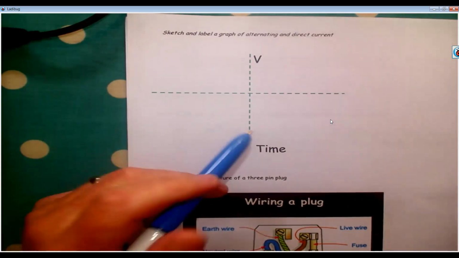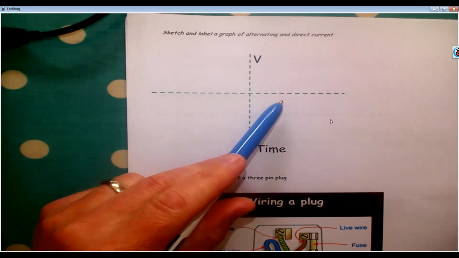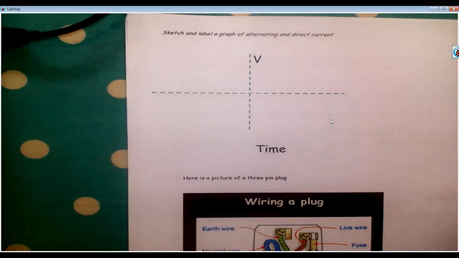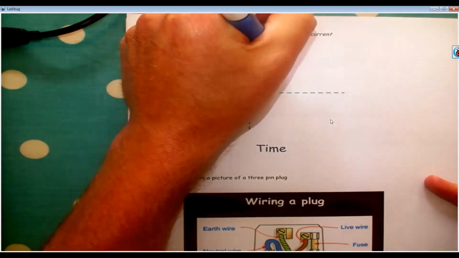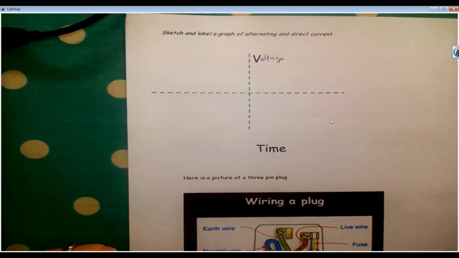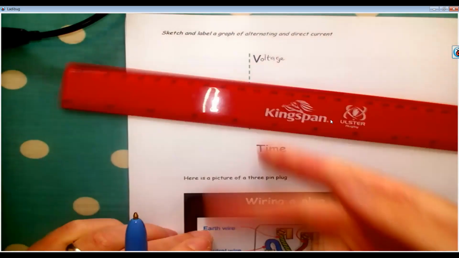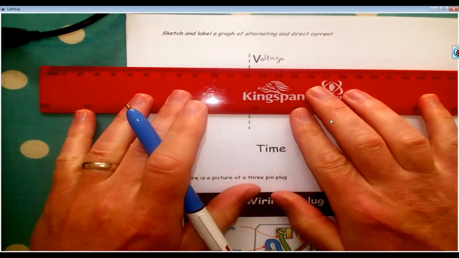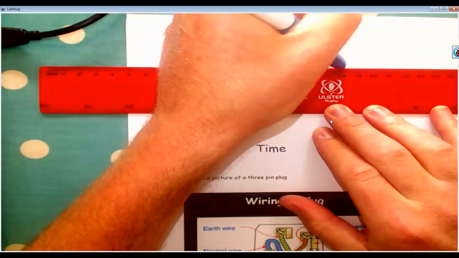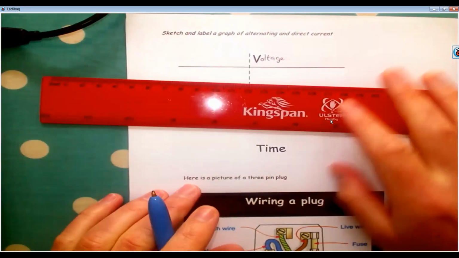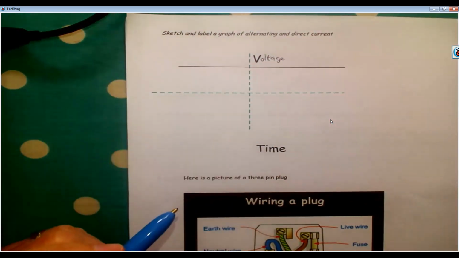So we've got time on the x-axis and voltage, I'll even write that in for you, on the y-axis. So direct current, we simply just get a ruler and we could draw a straight line, because in direct current it's always flowing in the same direction.